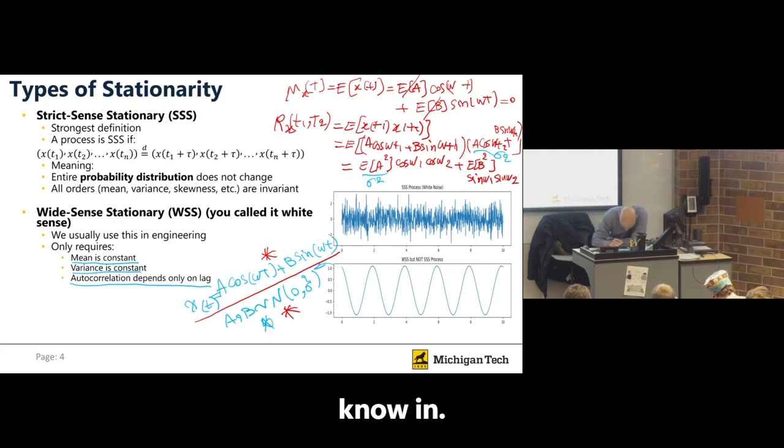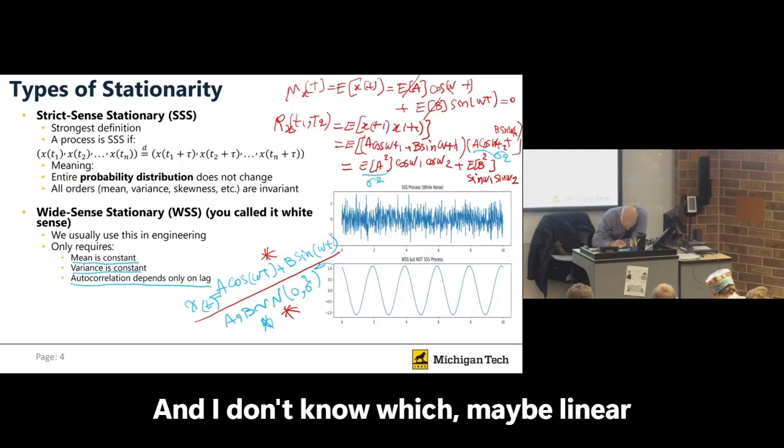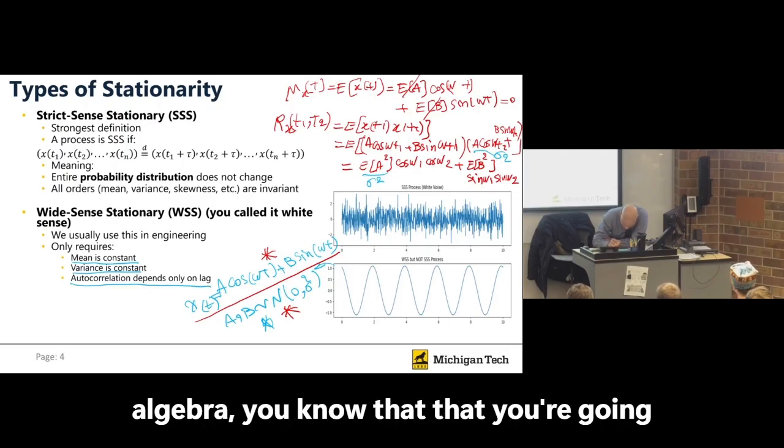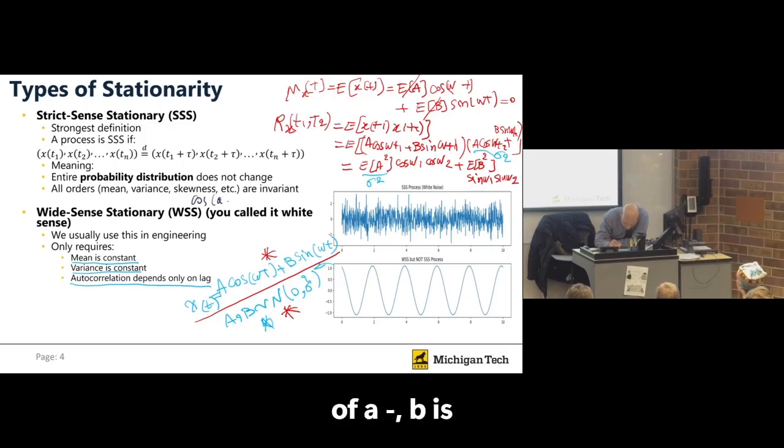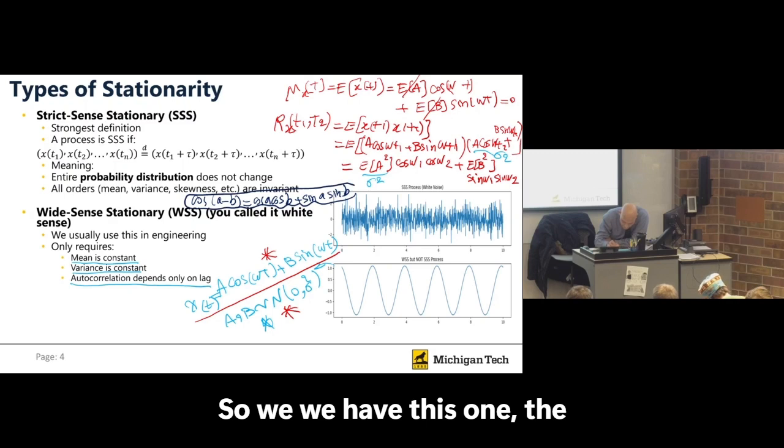If you know, maybe from linear algebra, the formula that says cos of A minus B is equal to cos of A cos of B plus sine of A sine of B. So we have this one.